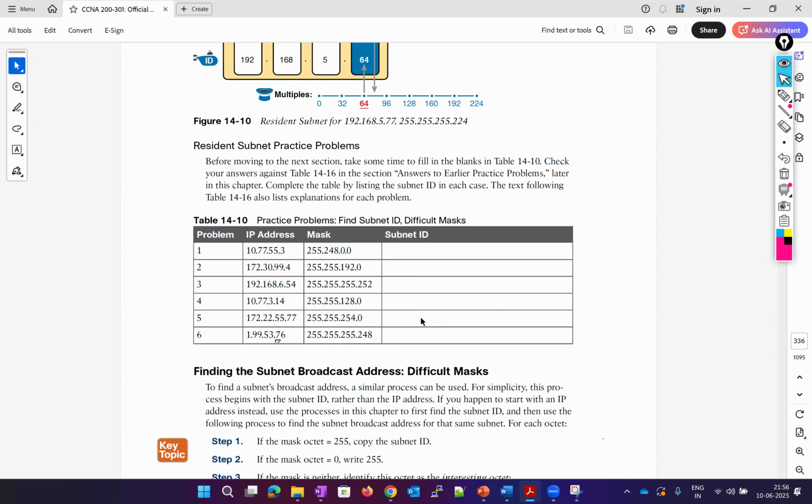And you will be able to solve any question that is asked in an interview or in your CCNA exam. This is the easiest way of finding these IP addresses and understanding the subnet map.